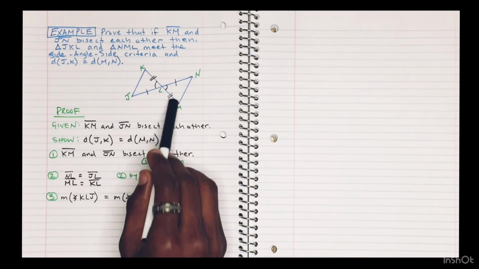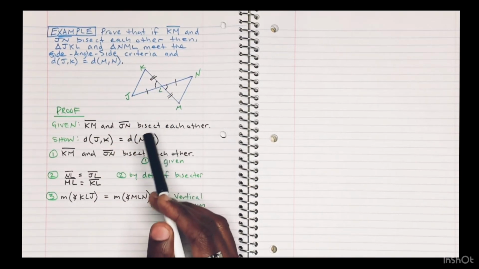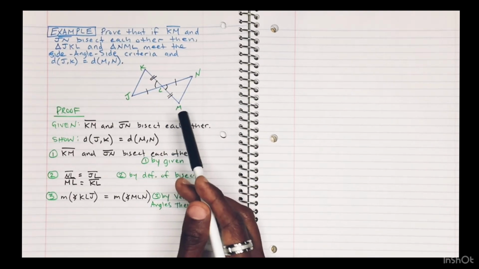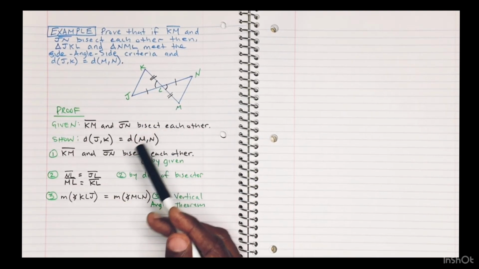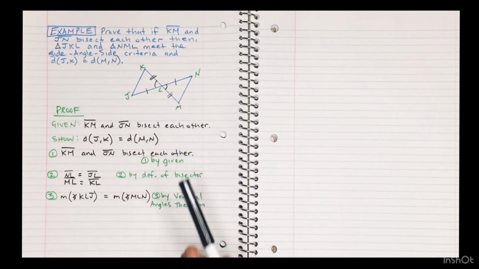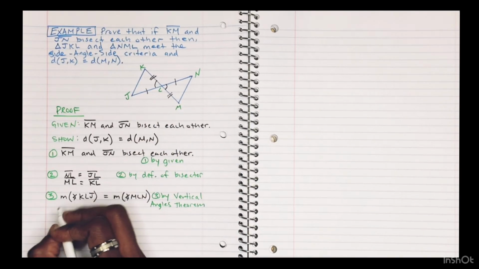So because we have two triangles that share the same distance in two sides and share the same measure in one angle, we can use side, angle, side as a justification to say that these two triangles are actually congruent. They're actually the same. Let's put that in the proof.